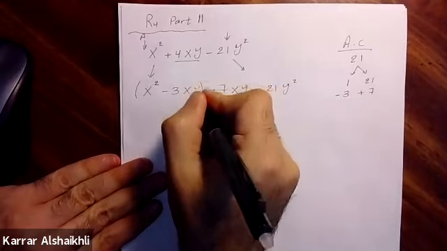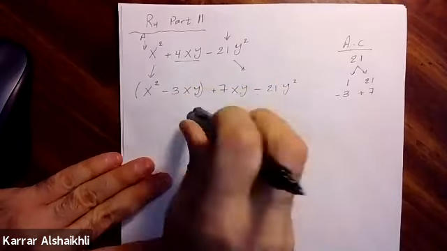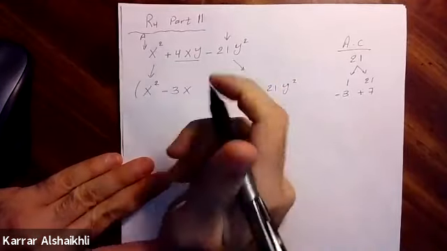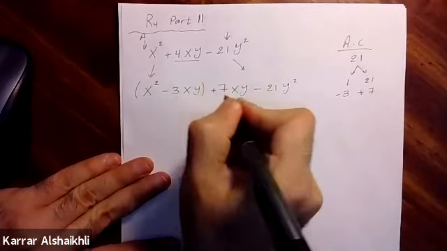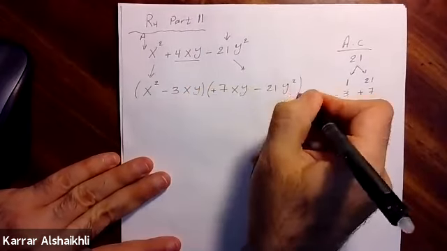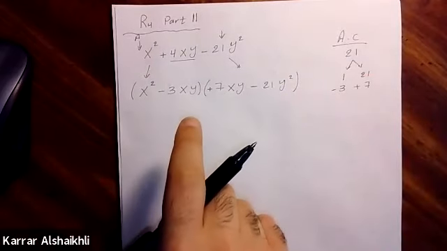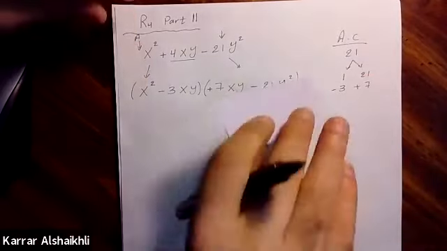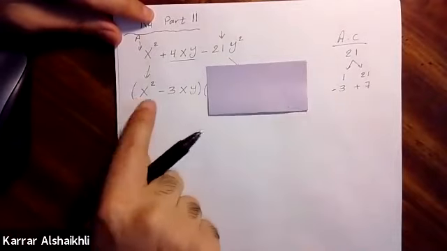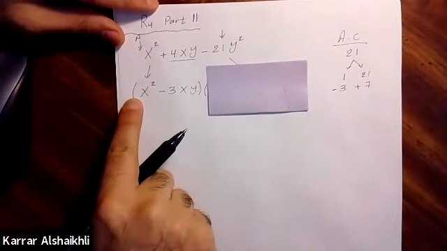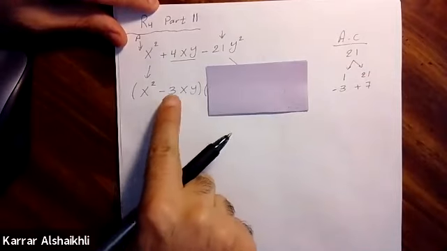Here's the plus, and the last 2 terms. Now I'm going to hide the second parentheses and just work here. What's the common between x squared and 3xy?